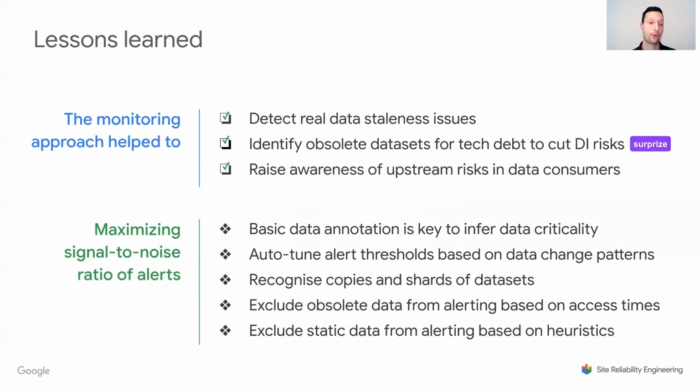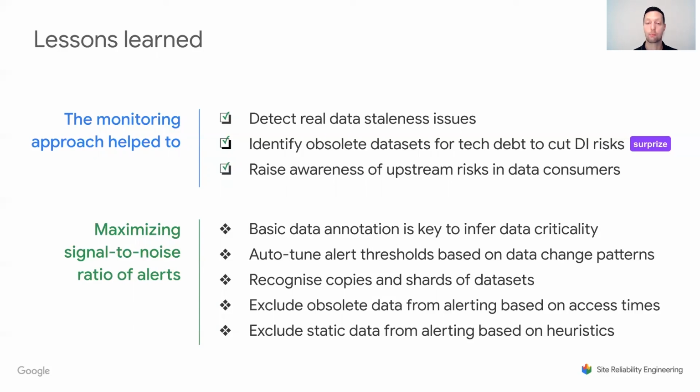I'd like to share with you the lessons learned from the approach and the delivery of the monitoring that I described. One thing is that the monitoring definitely helped to detect real slow bleeds and real outages in pipelines, and it's really great that the approach worked out.